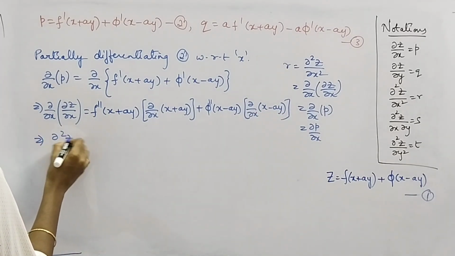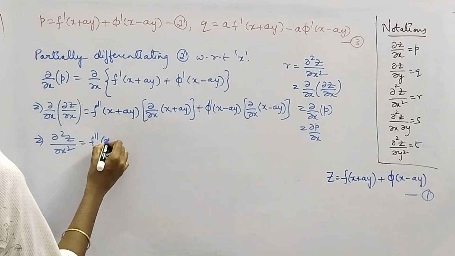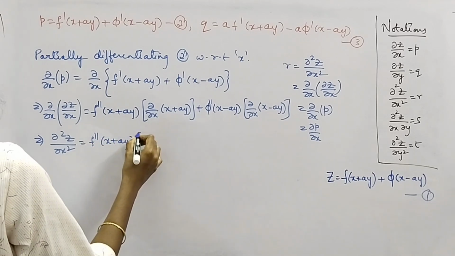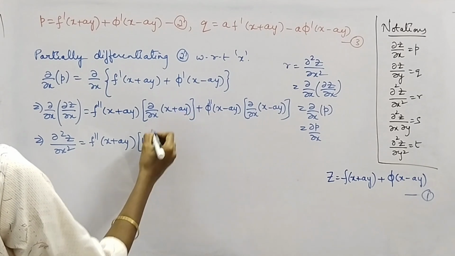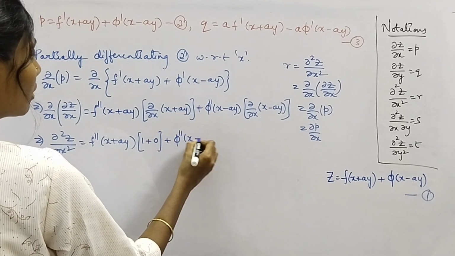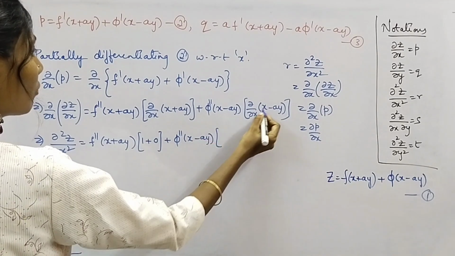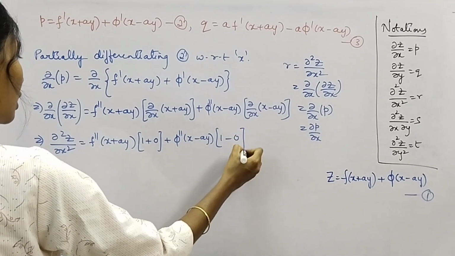This gives us dou square z by dou x square equal to f double dash of x plus ay into partial derivative of x with respect to x is 1, plus partial derivative of ay with respect to x is 0, plus phi double dash of x minus ay into partial derivative of x with respect to x is 1, minus partial derivative of ay with respect to x is 0, right?